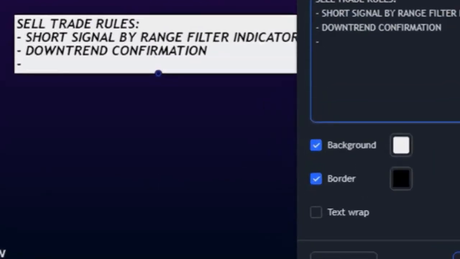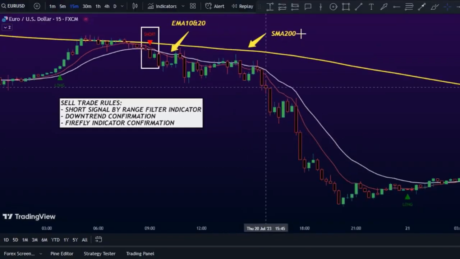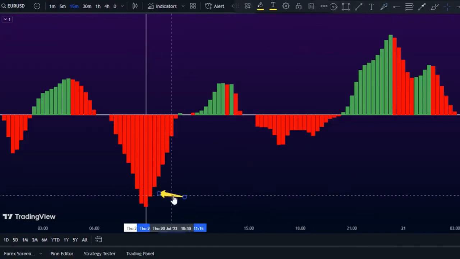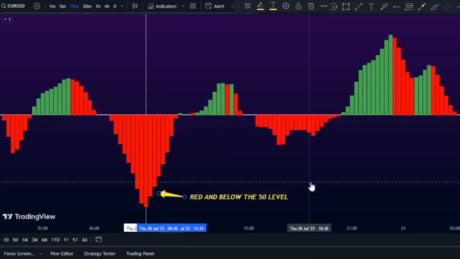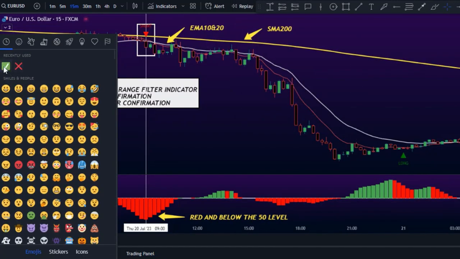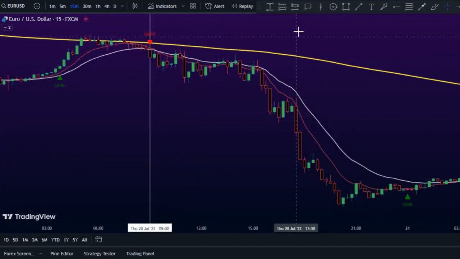Next, the Firefly oscillator histogram needs to be red and below 0, a second red light. And once all those conditions line up, it's time to make our move and open a position.